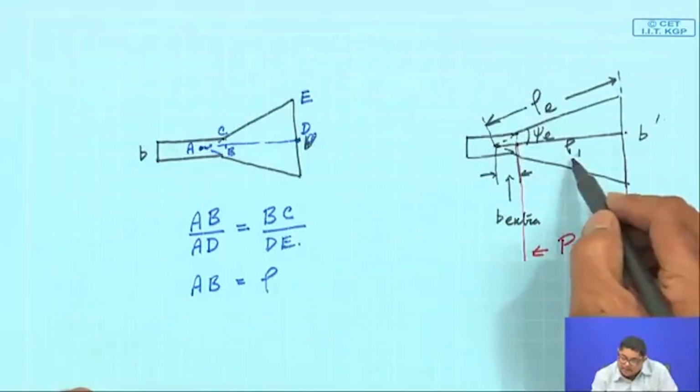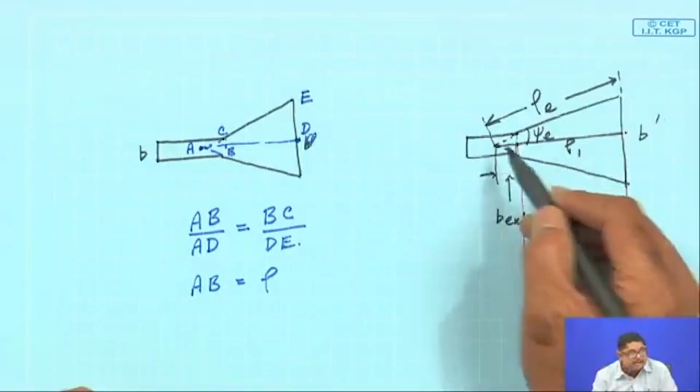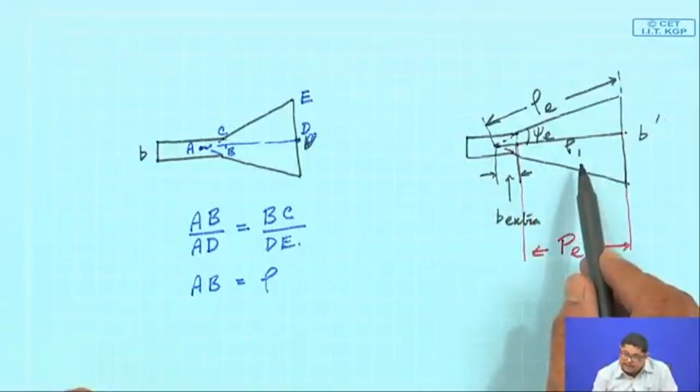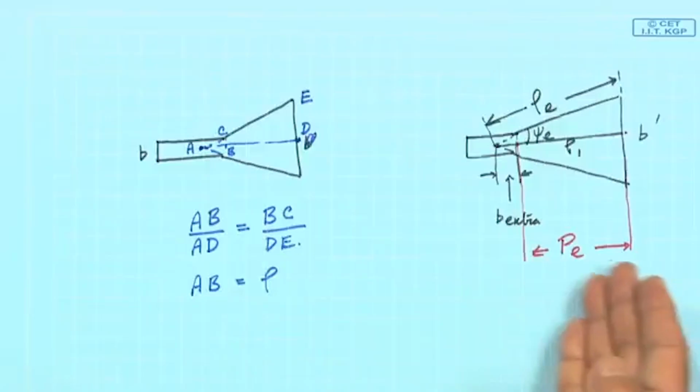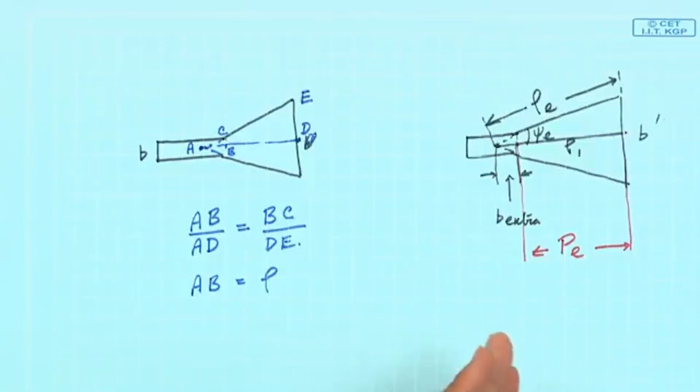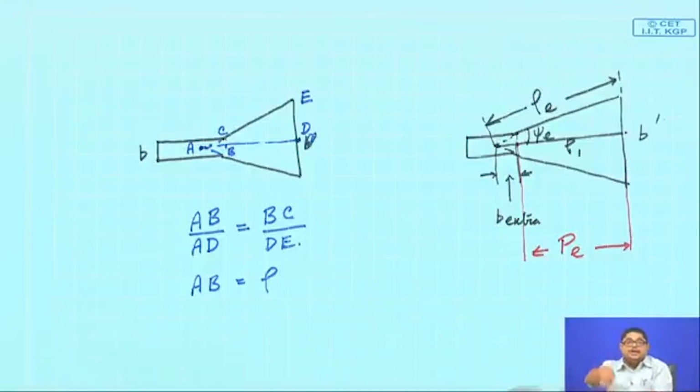Please remember that rho 1 is from here to the apex. So, I can say that rho 1 minus B extra will be P, because when a horn is fabricated, the physical length PE should be equal to PH in the other plane.